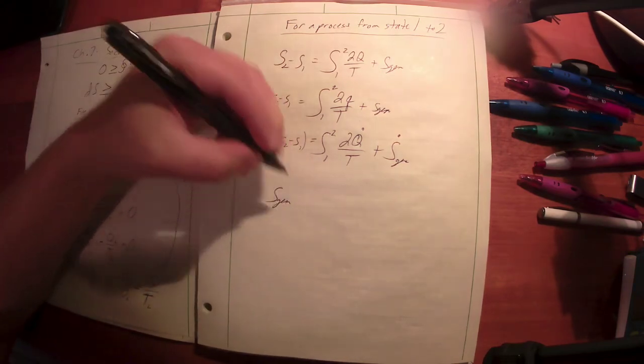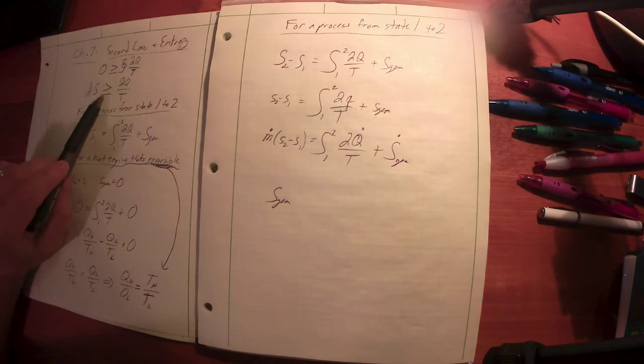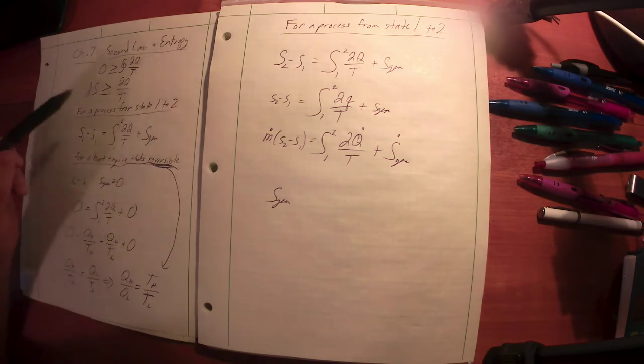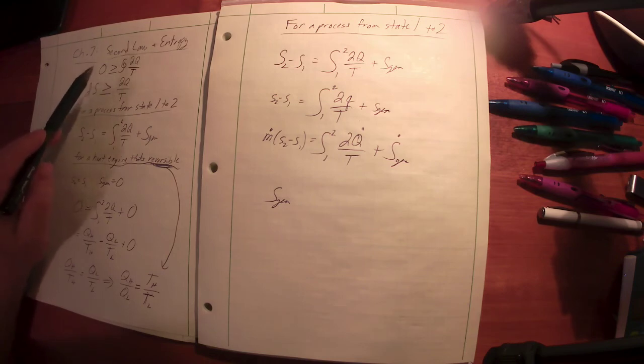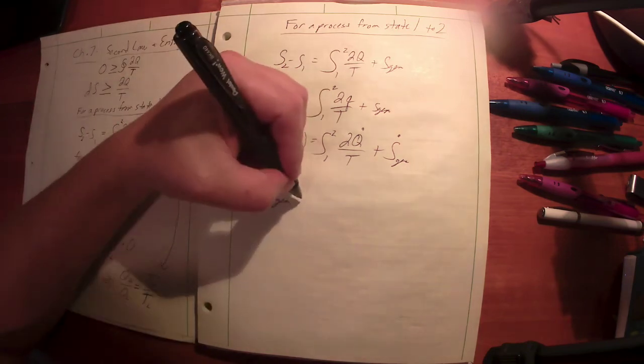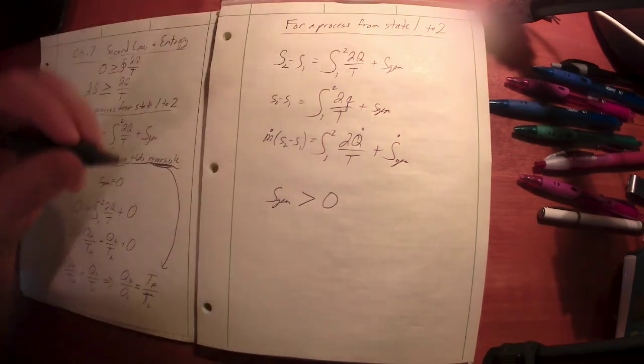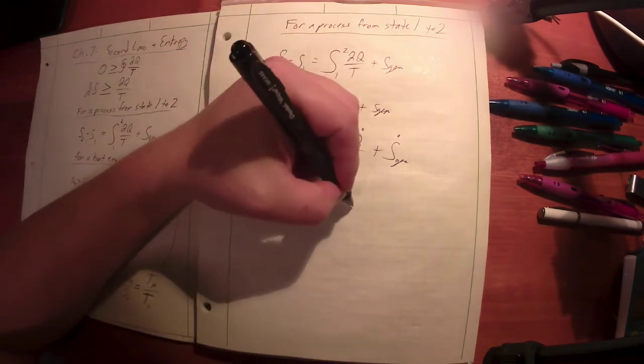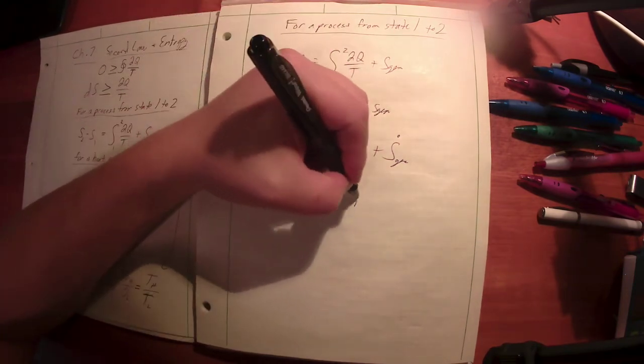Again, what we've done to make this, where we started out with an inequality, to turn it into an equation, I'm saying that this entropy change is greater than the heat transfer that causes the entropy change. The amount that it's greater than is the entropy generated. If S gen is greater than 0, then that's normal.